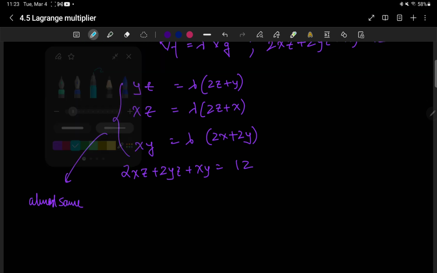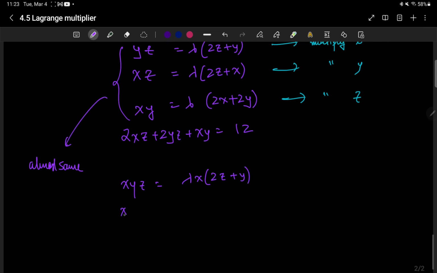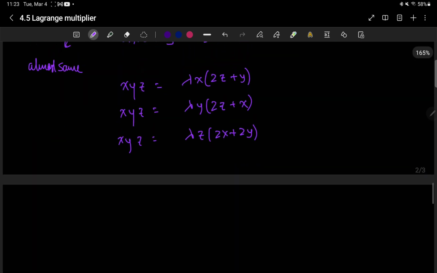I can actually make them the same if I multiply by x, if I multiply by y, and if I multiply by z, then my resulting equations become xyz equals lambda x times 2z plus y, and again xyz equals lambda y times 2z plus x, and xyz equals lambda z times 2x plus 2y. Now, which means all three of these are the same.